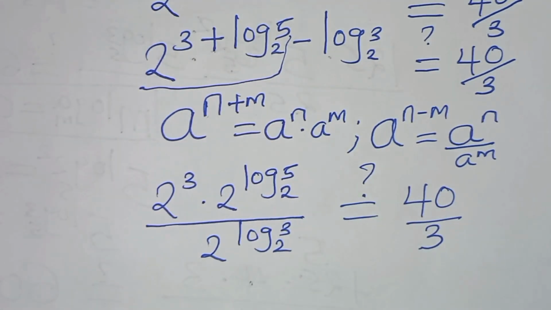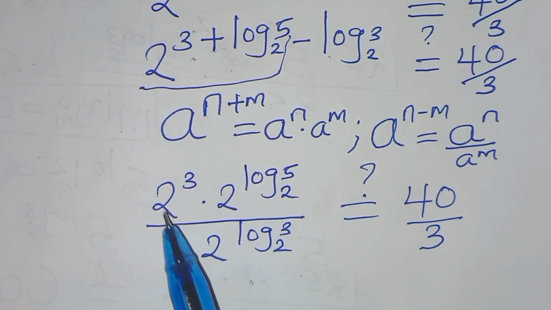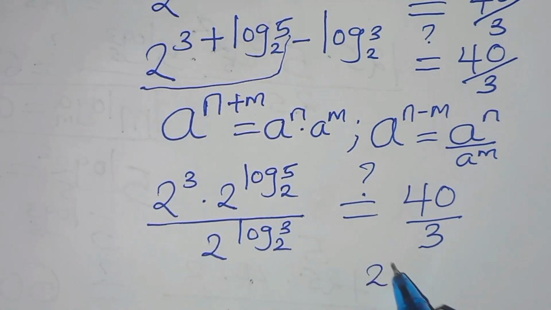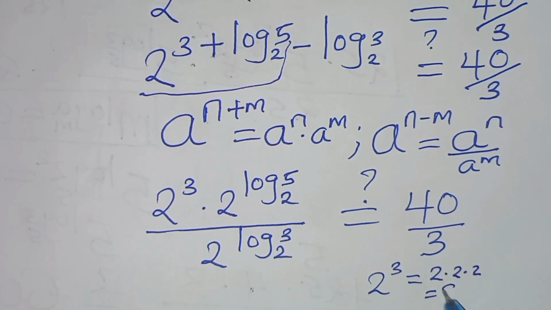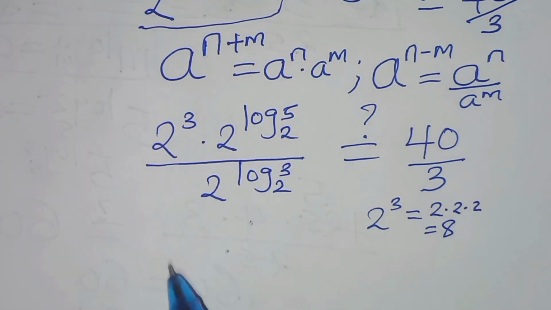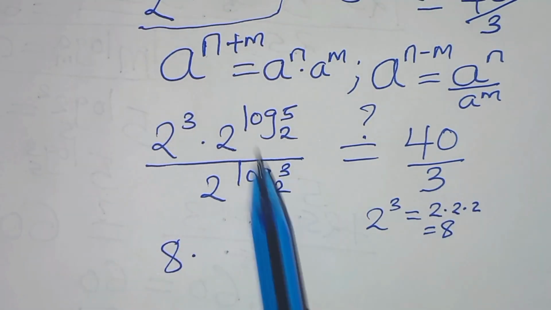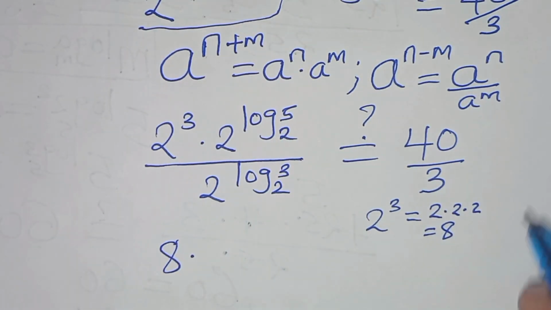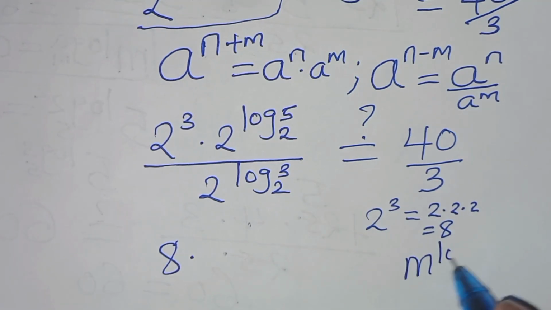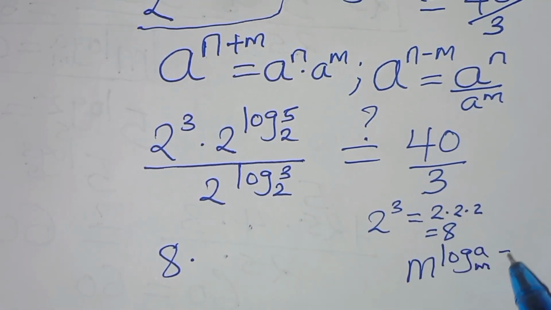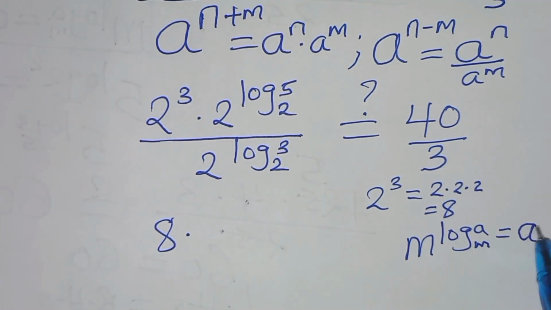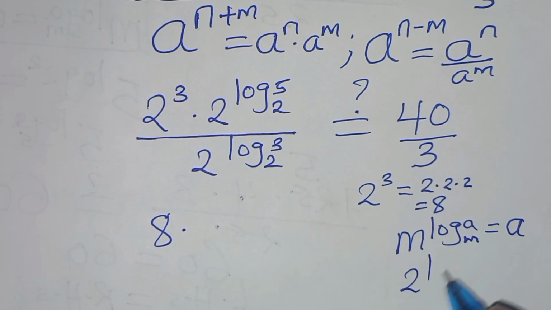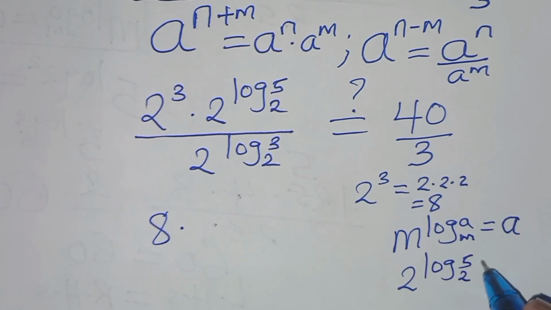Let's check this. So we have 2 to power 3, which is the same thing as 2 times 2 times 2, and this is equal to 8. So we have 8 multiplied by 2 to power log 5 to base 2. This is in the form of m to power log a to base m, which essentially is supposed to give us a value of a. Applying this logarithm property, 2 to power log 5 to base 2 is the same thing as 5.